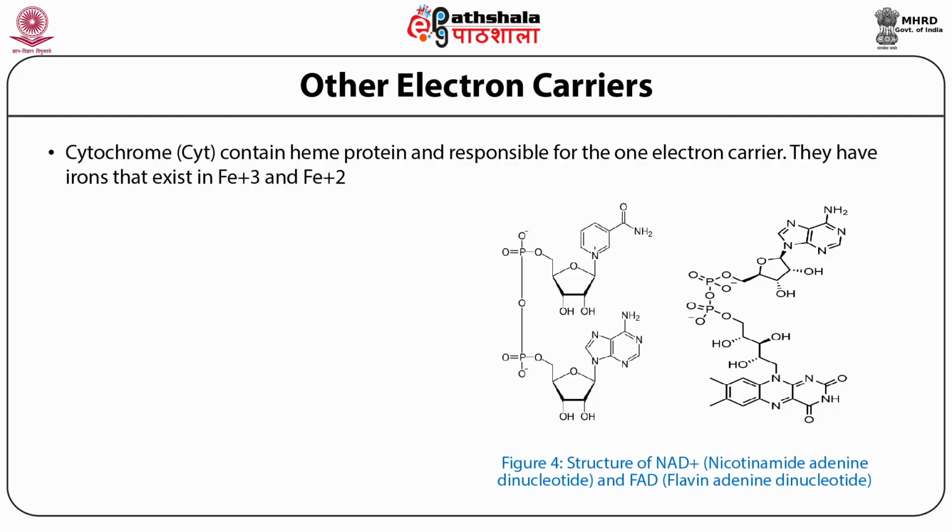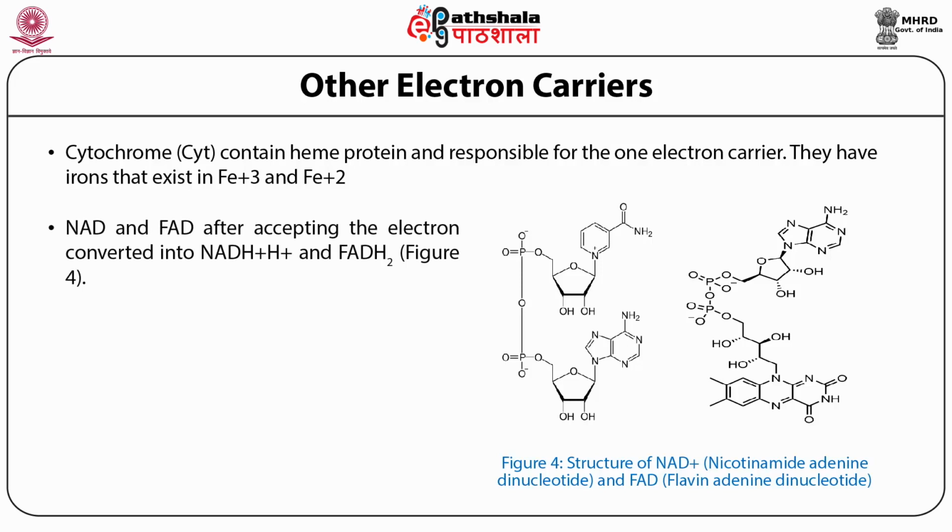As you know, electron has a negative charge. So, if an electron is accepted by iron, it is converted into the +2 form, but if an electron is donated by the cytochrome, then Fe2+ is converted into Fe3+. In this way, by converting Fe2+ into Fe3+, the cytochrome carries 1 electron.